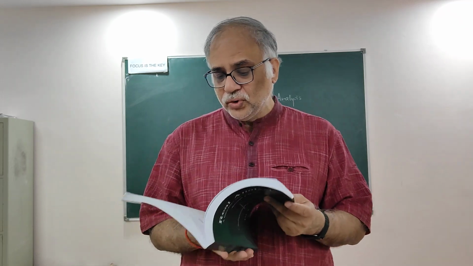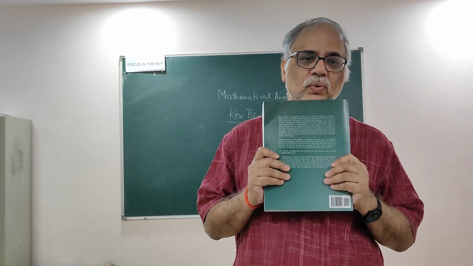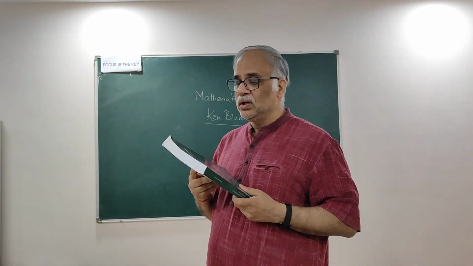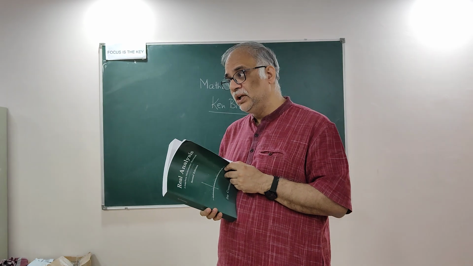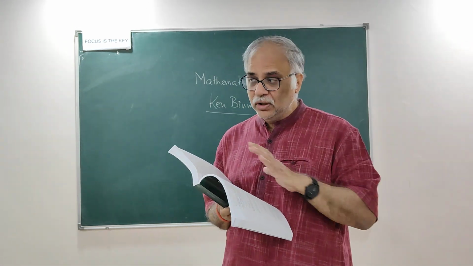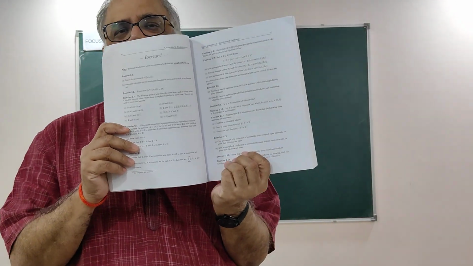But for those students who feel that they are very, very weak, every good college and every good university in India should have 4 or 5 copies of this book. It doesn't cost much for a university to have this book. Students who feel themselves completely daunted by Rudin, completely afraid of such books, will be very happy to have these books because the exercises are so nicely graded and you can actually do them step by step.